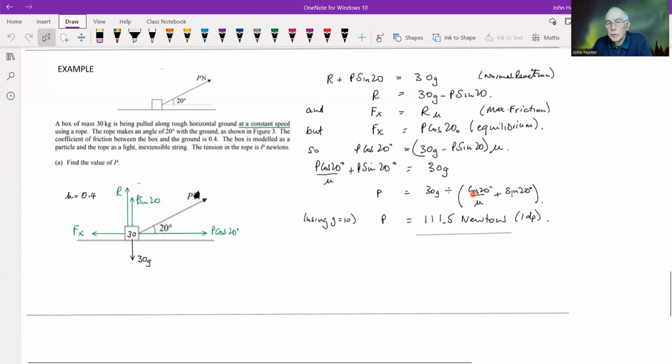I'll not go through the algebra. Essentially out the bottom pops this. P is 111.5 newtons. That's to 1 decimal place. And as I've said, always when we're rounding, always state the accuracy that you've rounded to.